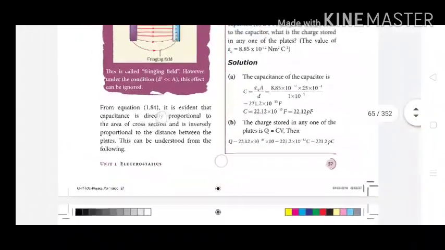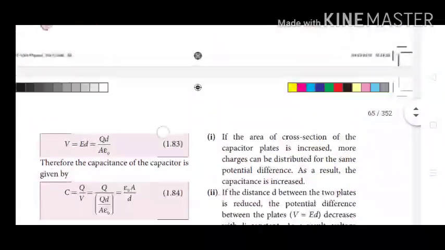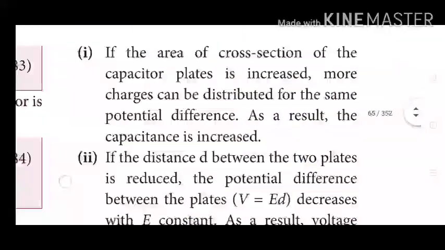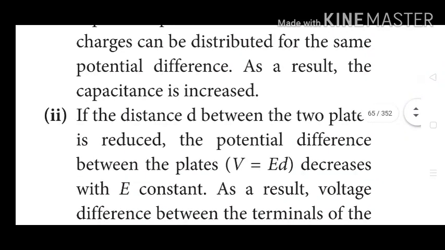This can be understood from the formula. The first point: if the area of cross section of the capacitor plate is increased, more charges can be distributed for the same potential difference. As a result, the capacitance is increased.